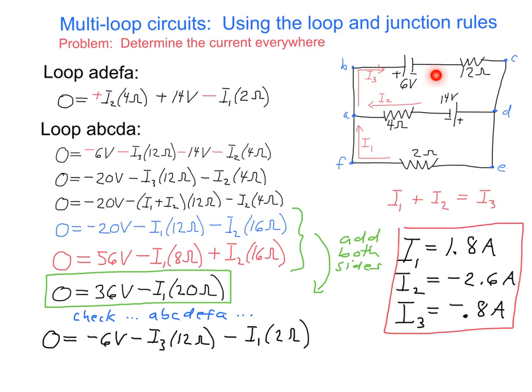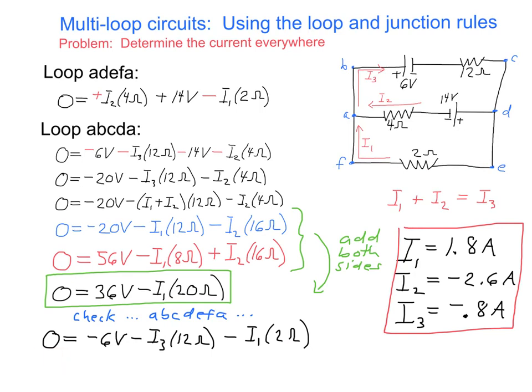We then go across the 12 ohm resistor in the direction of I3, so we drop I3 times 12 ohms. And then, continuing on, we go across the 2 ohm resistor in the direction of I1, so we drop I1 times 2 ohms. And that takes us back to A. The total change in potential around this loop should be 0.